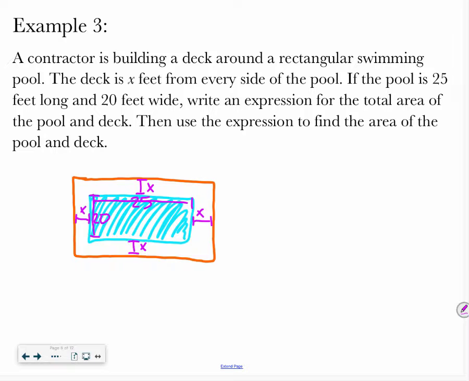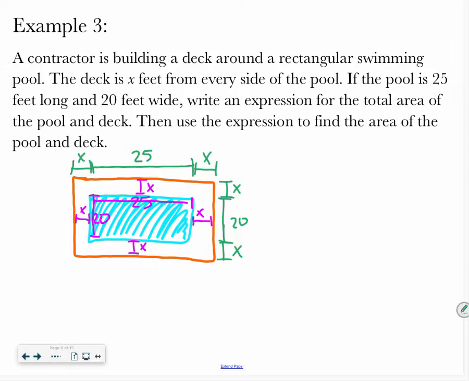Then use the expression to find the area of the pool and deck. So if we look at this length, we have 25, we have an x, we have an x. That makes up that entire length there. Okay, and my width starts with an x, goes for 20, and then goes x more.